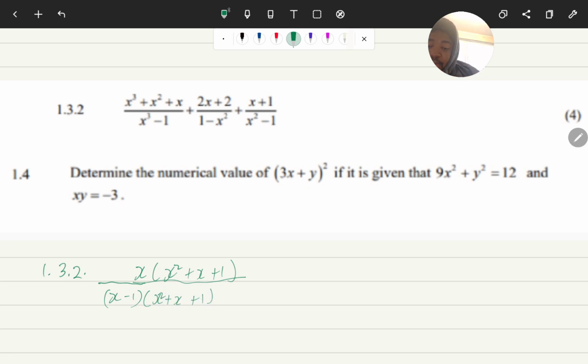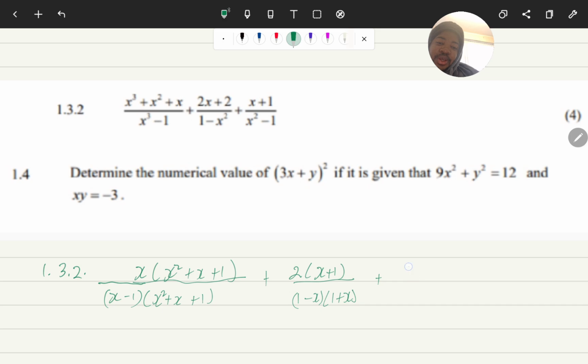Oh, this is x squared. Yeah, this is x squared. And then you have plus, you have x into x plus 1, right? And then here, difference of 2 squares, you have 1 minus x, right? 1 plus x, right? Cool.